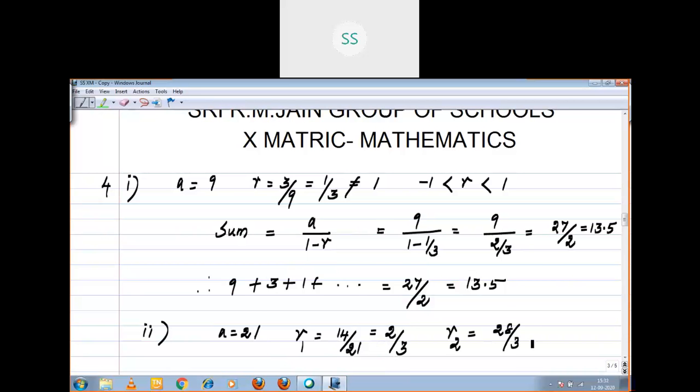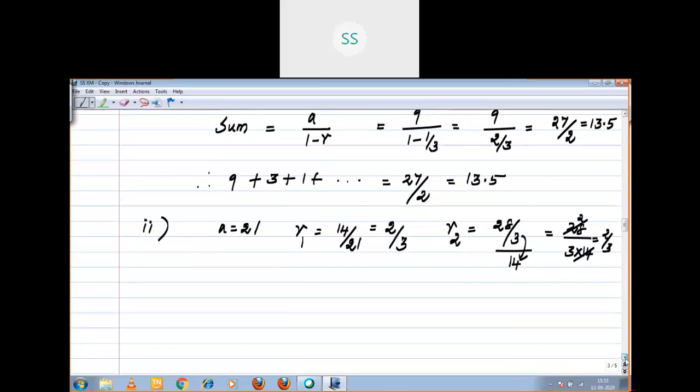Common ratio means second term divided by first term. It is a geometric series that we want to check. This is your r1. r2 equal to 28 divided by 3, divided by 14. Now the 3 will come to the denominator. So 28 divided by 3 into 14, so your answer is 2 by 3.